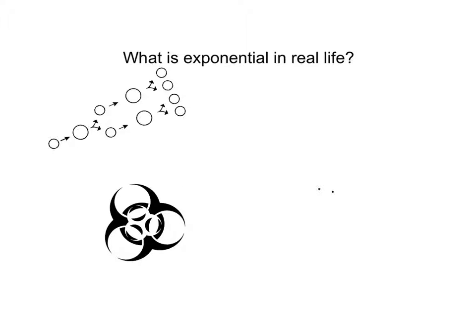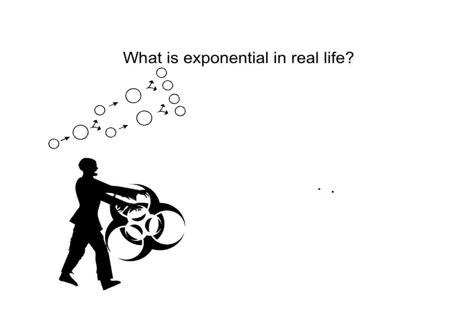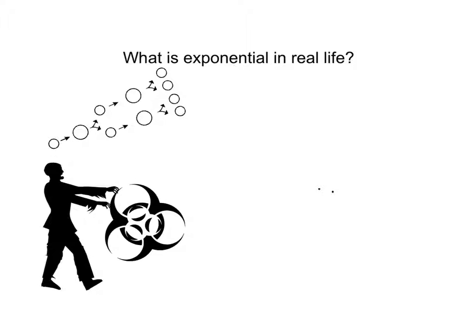And in fact, one of the really cool things you can think about is that if you're a fan of a show like The Walking Dead or any other zombie movie, the classic zombie infection is actually an exponential function, as one zombie can inflict multiple people with the disease.